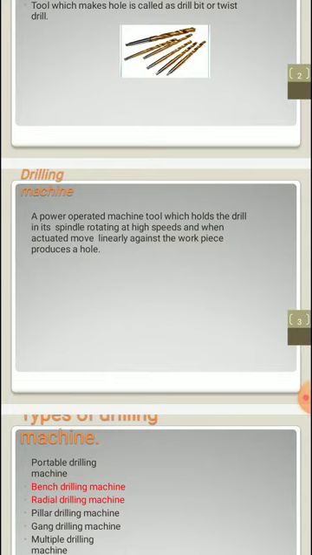And it has a spindle, the part which holds its drilling tool, and that rotates at a very high speed, or we can say moderate speed, according to the need of the operations. When actuated, it moves linearly against the workpiece and produces a hole.